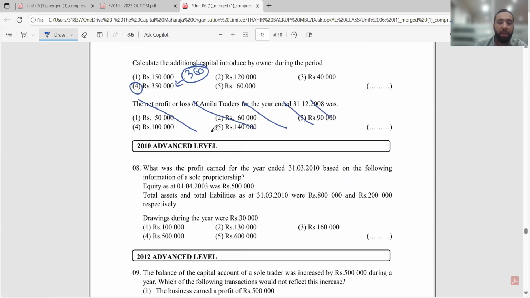What was the profit earned on 31st March 2010 based on the following information of a sole proprietorship? Quickly give me the answer so that we can move forward. I'm waiting for your answers.